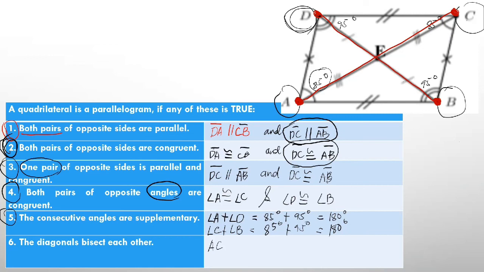Kaya, nung ating first diagonal na AC, nag-bisect siya. Yung diagonal AC natin, bisected by BD. Therefore, AC, AE, so kung saan siya nag-intersect, dito tayo magre-refer.